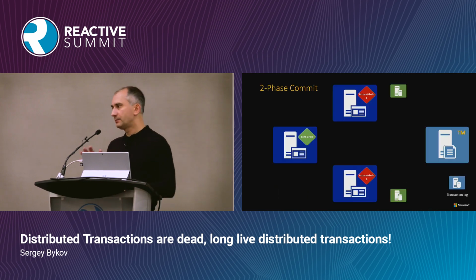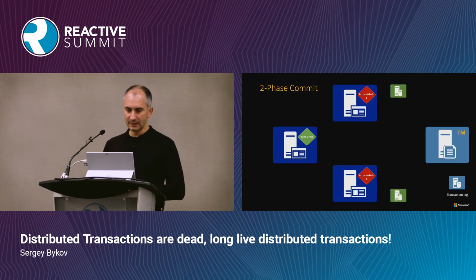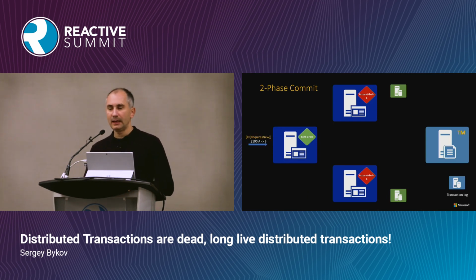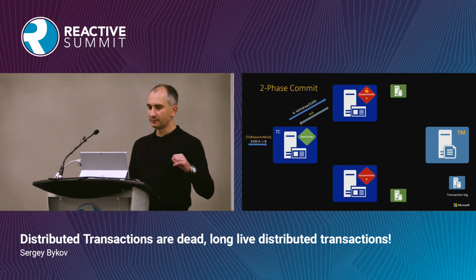So here's how two-phase commit is done in the system. Our bank grain receives a request to transfer. And the silo, the server where the bank grain runs, becomes the transaction coordinator for this transaction. So it calls grain A first to withdraw the money. What that does is put a lock on grain A, perform the operation, and return the acknowledgement back.